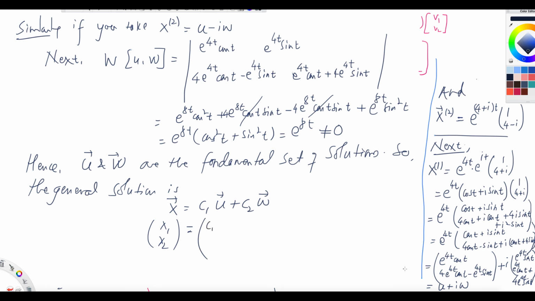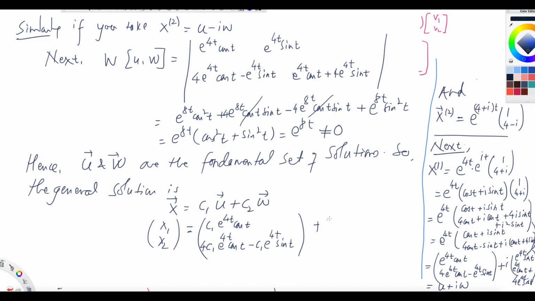What is u? It is e to the 4t cosine t, e to the 4t cosine t, and then 4 c1 e to the 4t cosine of t minus c1 e to the 4t sine of t, right? And then plus c2 times the w, right?